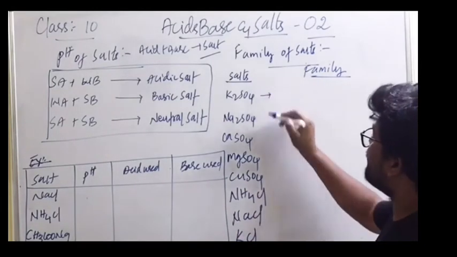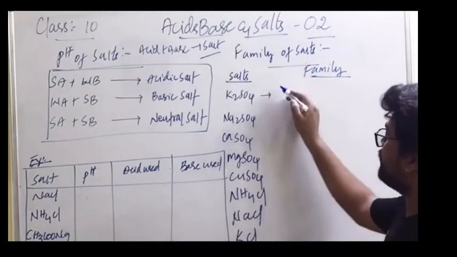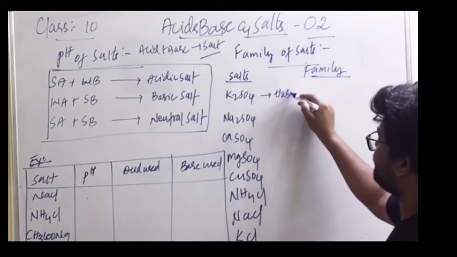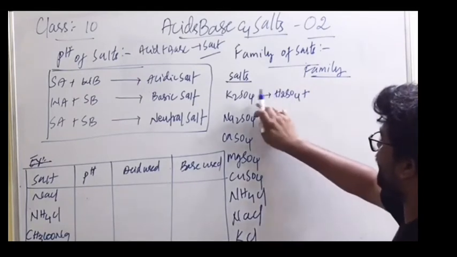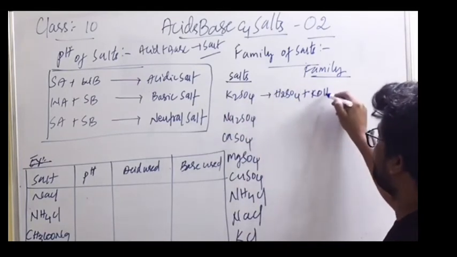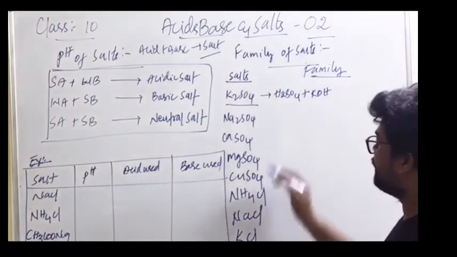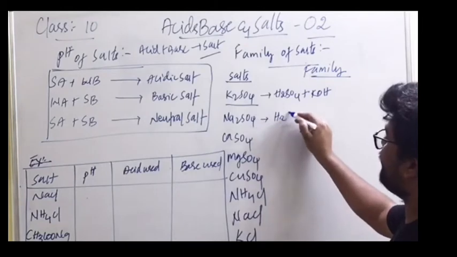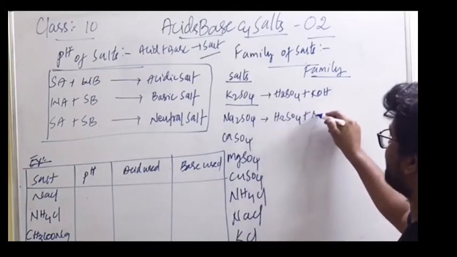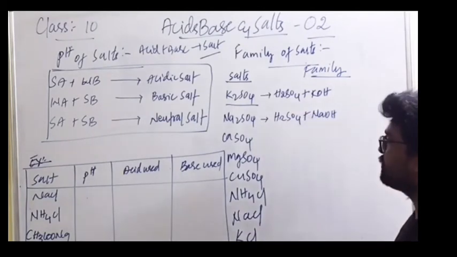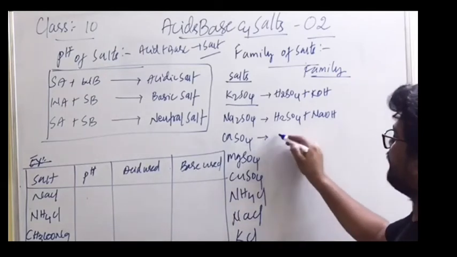So here, what are the acids and bases used? The acid is sulfuric acid. The combination of sulfuric acid and potassium hydroxide will give you the salt potassium sulfate. Again, sulfuric acid and sodium hydroxide give sodium sulfate.